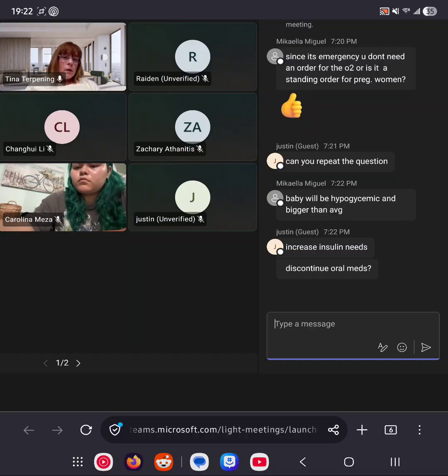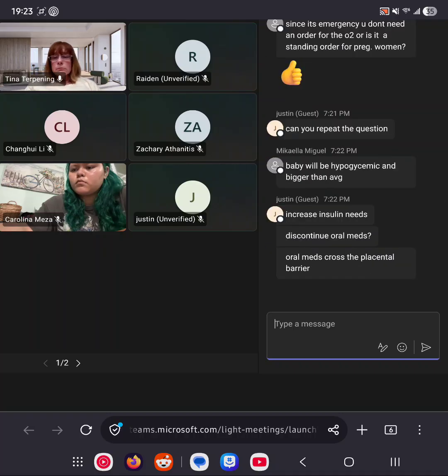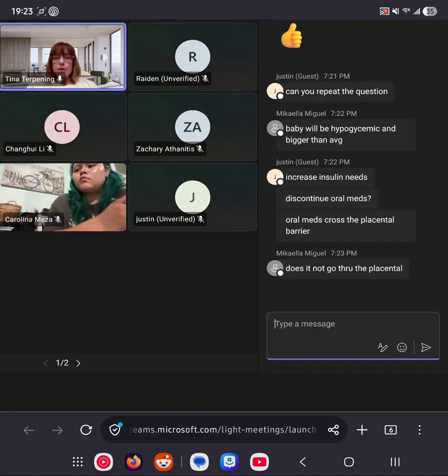Stop the oral meds, start her on insulin. Why can't she take oral meds? Yeah, they cross the placental barrier and they're potentially teratogenic. So she can't have those.